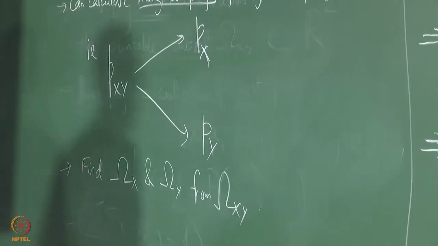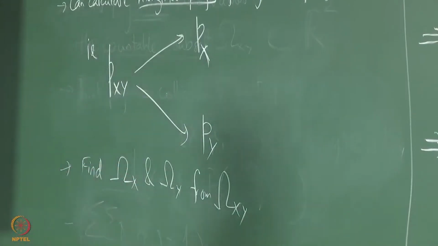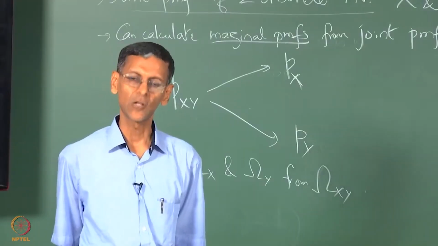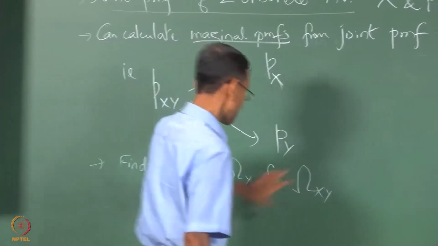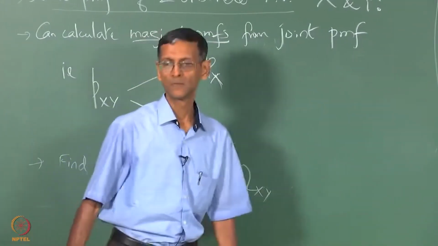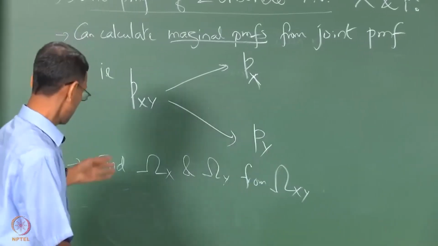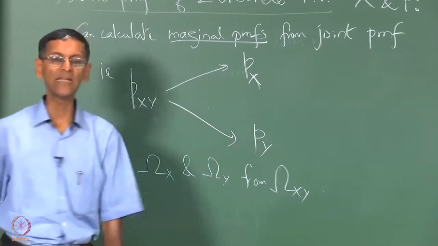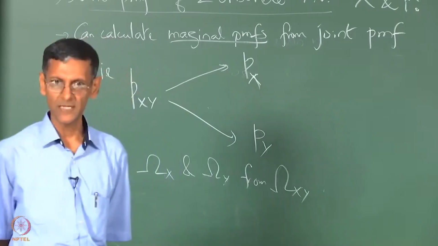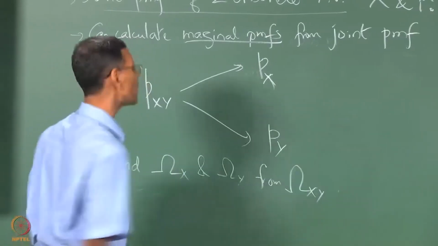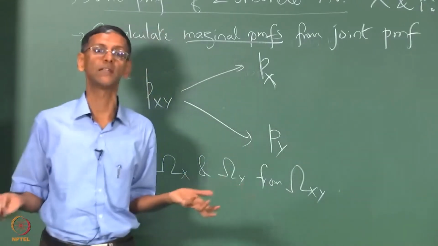There is no magic formula for this. You have to look at the structure of omega xy and determine all the values that x can take. So from this it should be clear what this is and what this is. In many cases this step is not emphasized, but it is very important, because even before you find the probabilities, you have to look at the possibilities.